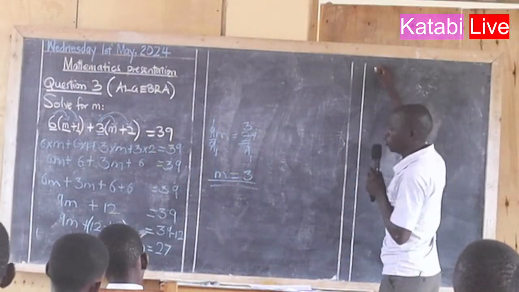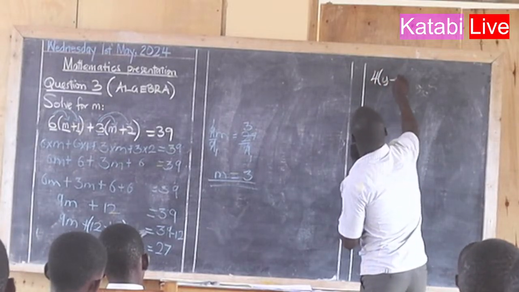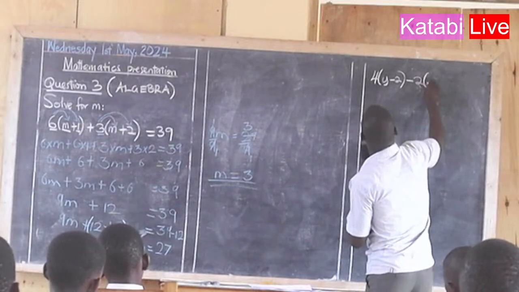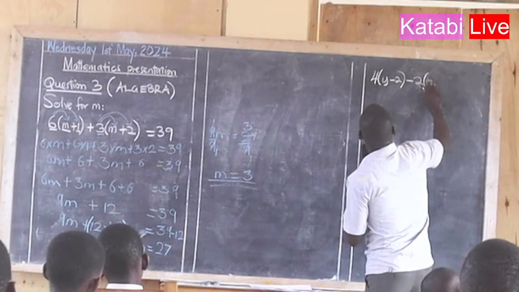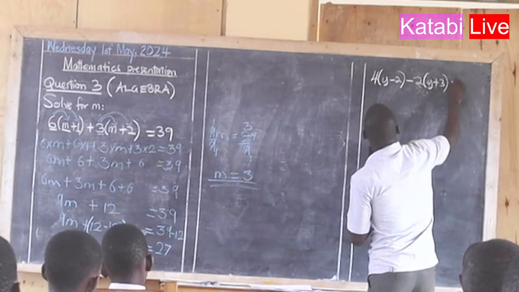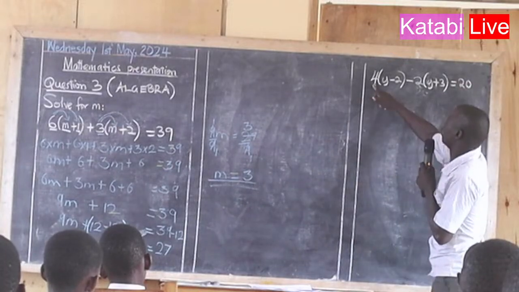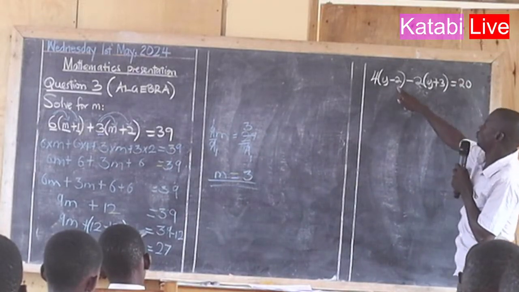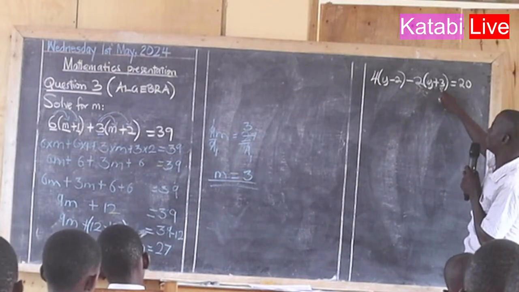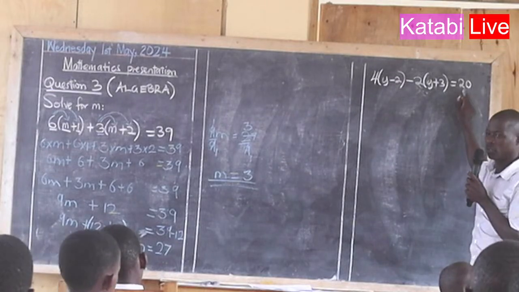For example, 4 into brackets y minus 2, minus 2 into brackets y plus 3, is equal to 20.